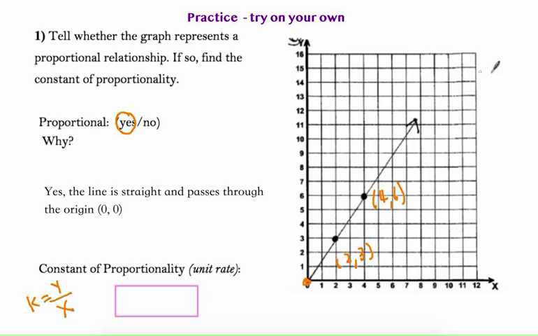So if we create the table of values, our first x is 2, when y is 3, and then you have an x value of 4 in the next point, and the y value is 6. So your y over x for the first one is 3 over 2, and the second one is 6 over 4, which, if you divide them both by 2, simplifies to 3/2. So they both have the same constant of proportionality, which is 3 over 2.